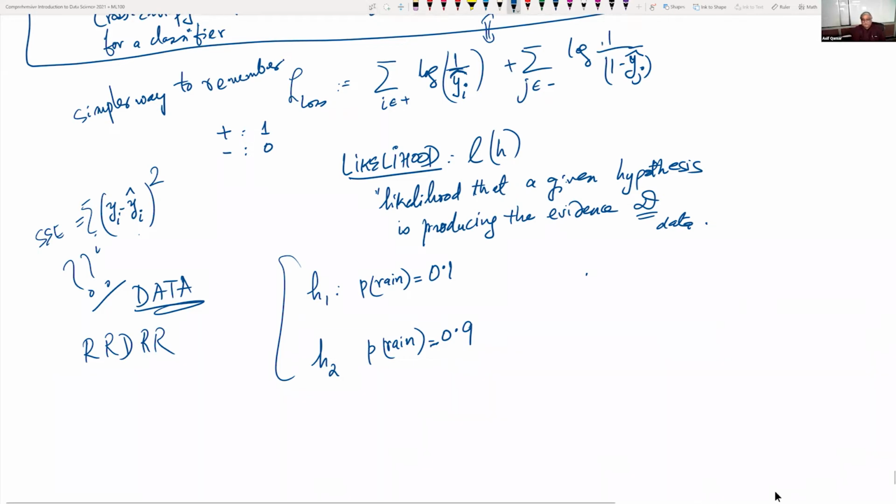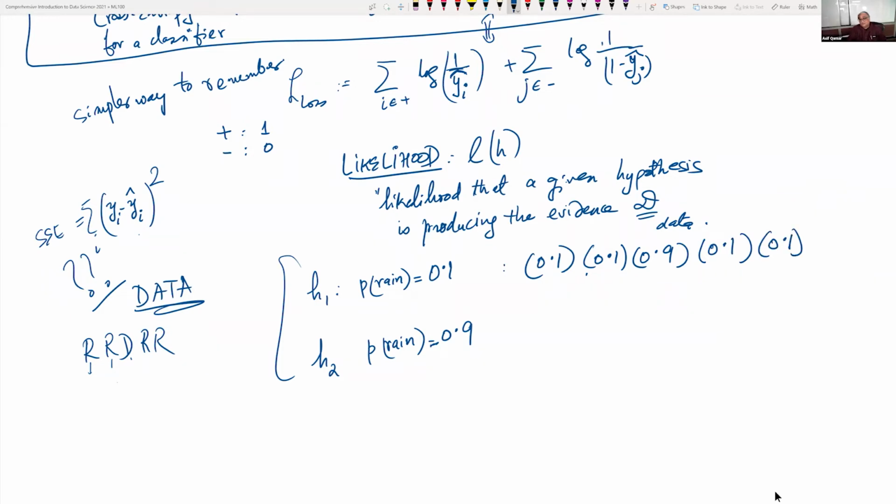Now, what is the joint probability of this happening under hypothesis 1? According to hypothesis 1, the first day rain, 0.1. Second day it rains, the probability was 0.1. The third day it is dry, the probability according to this hypothesis is 0.9. Then it again rains, and again it rains.